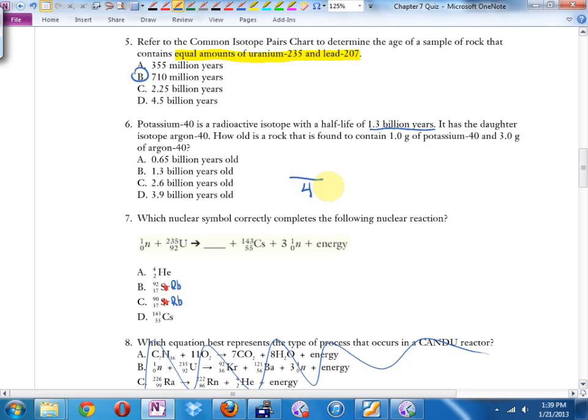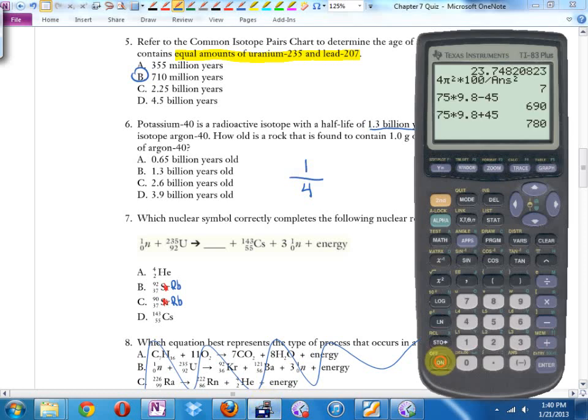How much is potassium? As a ratio, we would say that 1/4 is left. Is that okay? How many half-lives is that? Well, if I start out with 100% or 1, and I go 1 half-life, divide by 2, I have 0.5 left. If I go another half-life, I have 0.25 left, and 0.25, Darian, is 1/4 as a decimal.